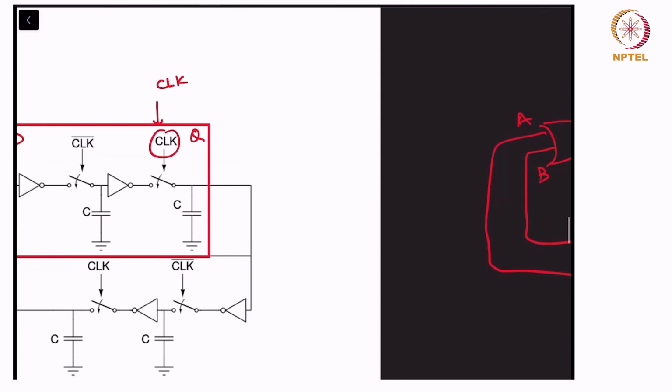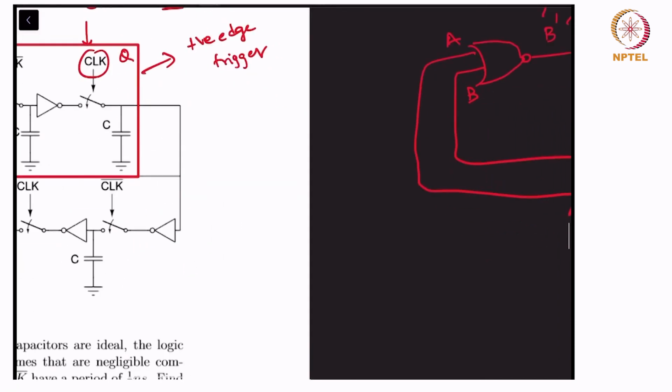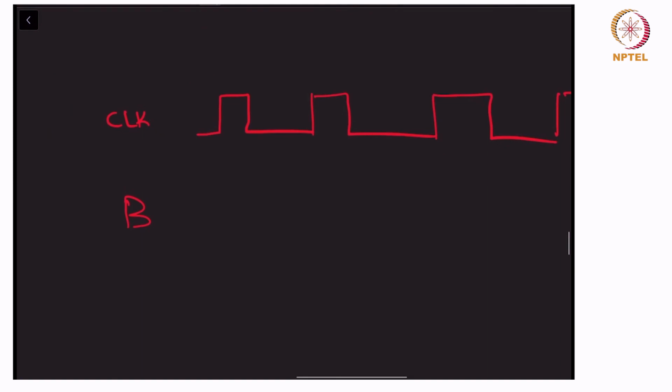So essentially it's a positive edge triggered master slave flip-flop, because when clock becomes high, that's when this switch will close and you'll see something on the output. Taking that into account, on the positive edge, let's say B was 0 before, then it became 1.